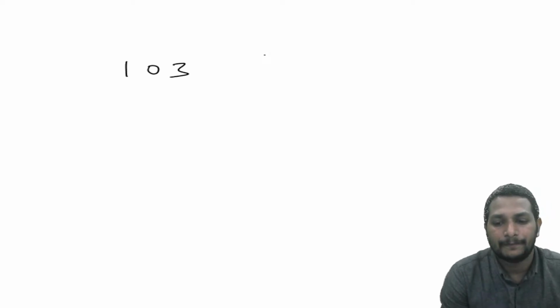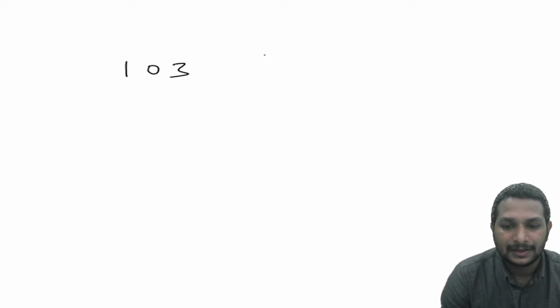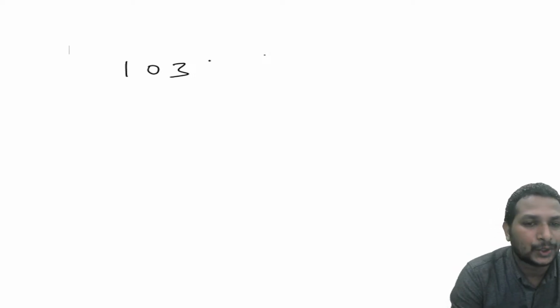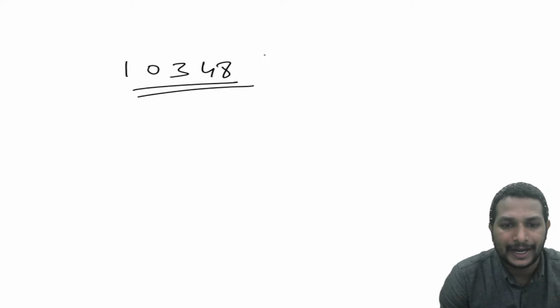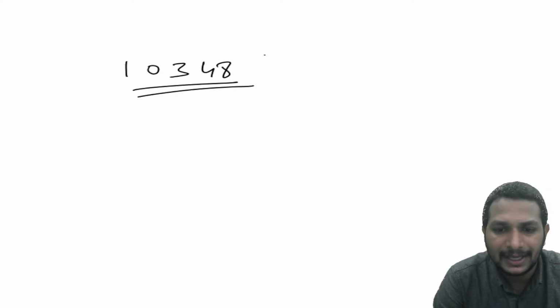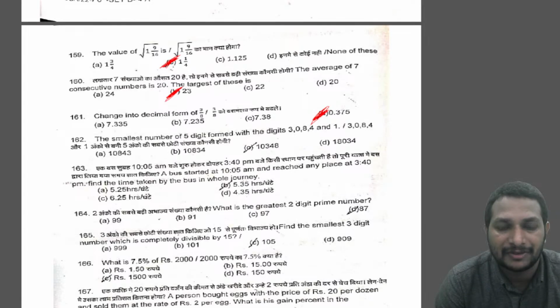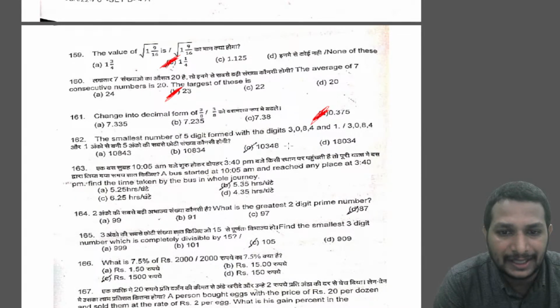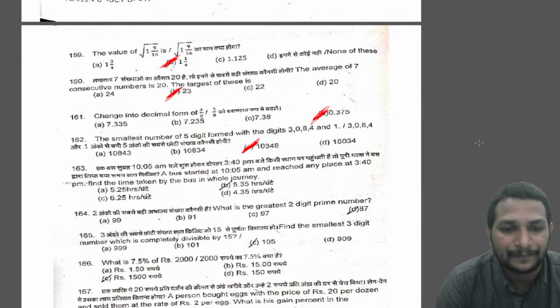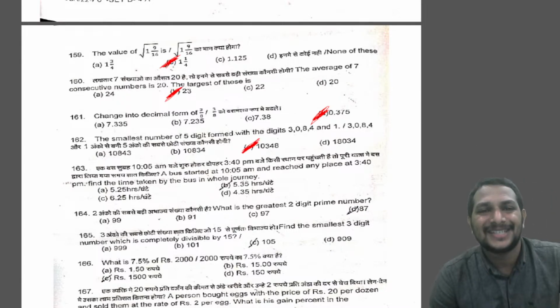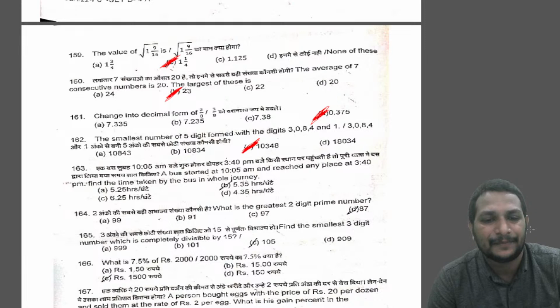That's why I'll write 1 first. 1, 0, 3, 4, 8. So this is the smallest 5-digit number, 10348. This is given in option C. The answer for question 162 is option C.